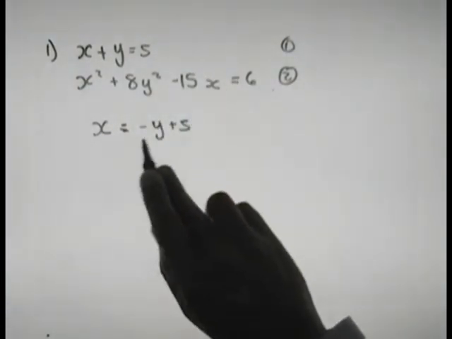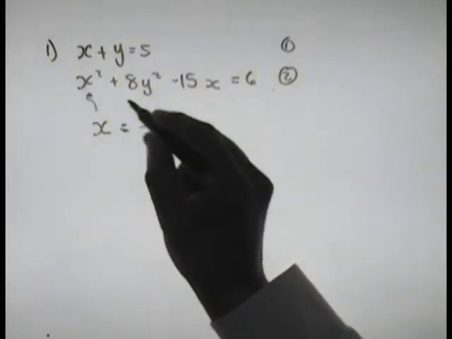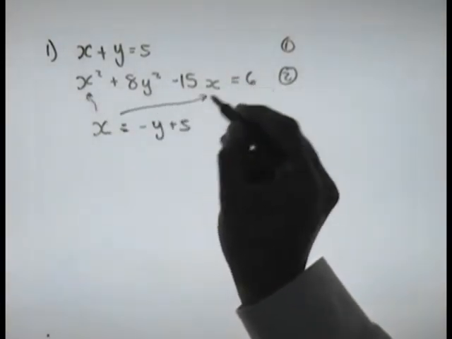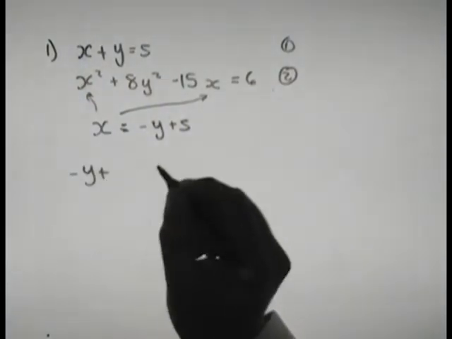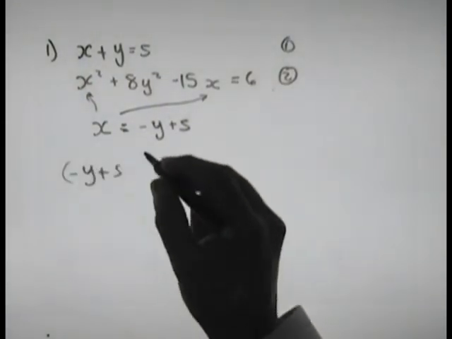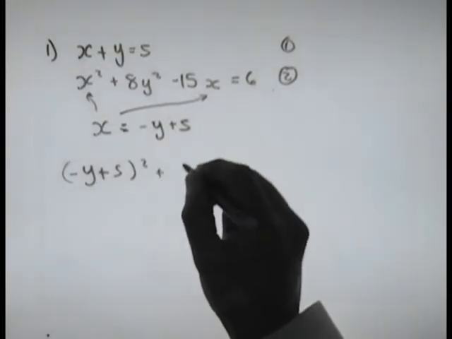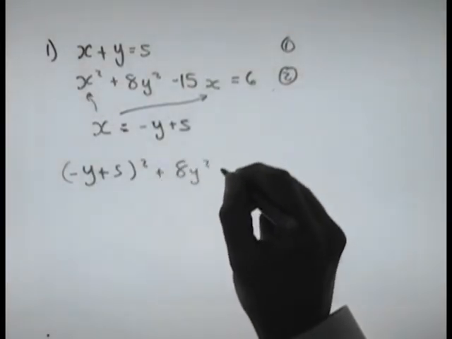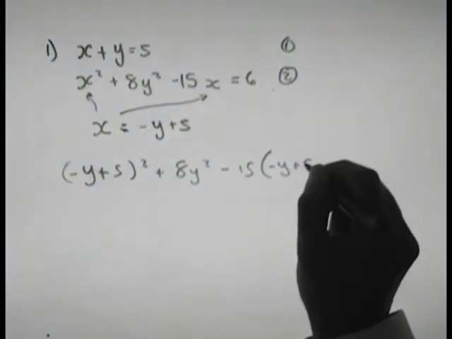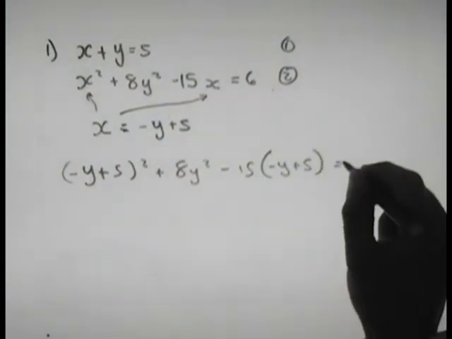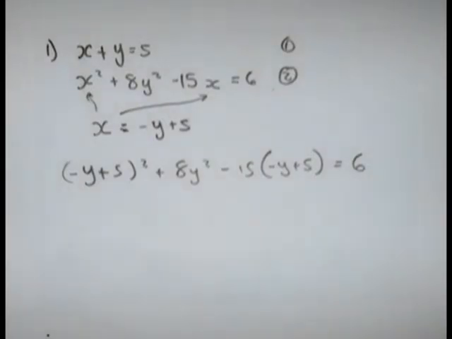I'm then going to plug this in to wherever I've got an x value in the second equation. This will read minus y plus 5 squared plus 8y squared minus 15 multiplied by minus y plus 5 is equal to 6.